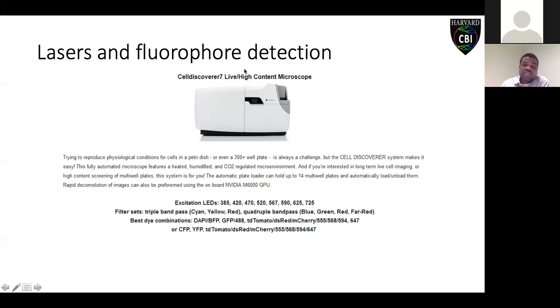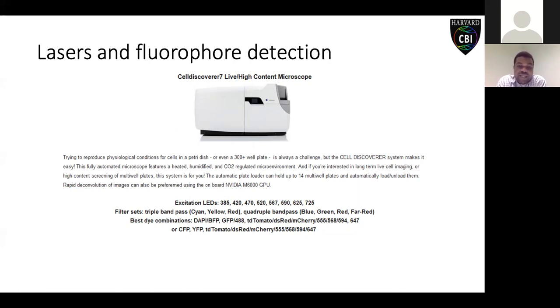It has been indicated to be for live imaging and then high content screening. The reason why it is for live imaging is that you can see there is a chamber around the microscope, which means you can isolate and have a better incubation system in there.